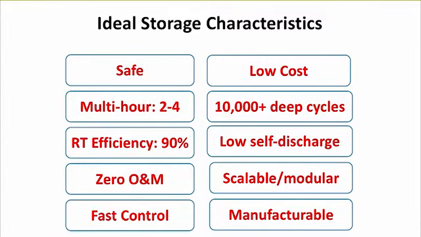So I usually think of numbers like 10,000. Maybe that gets you 30 years, maybe that gets you 15 years at 2 cycles a day, but something that is utility-able in the sense that utility equipment is expected to last for many decades. And so this is an essential function.